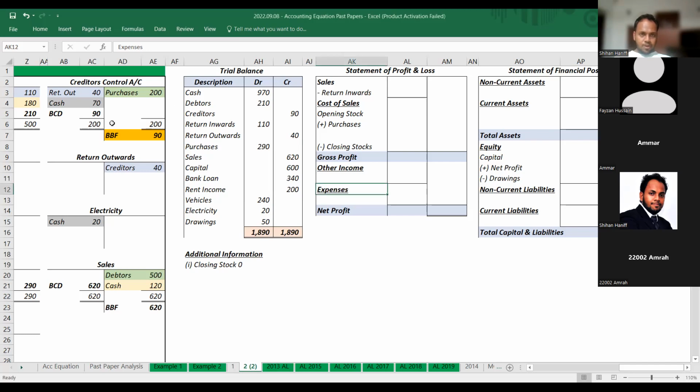Right. So let's start. Cash 970, cash goes to the statement of financial position. Debtors 210, current assets.